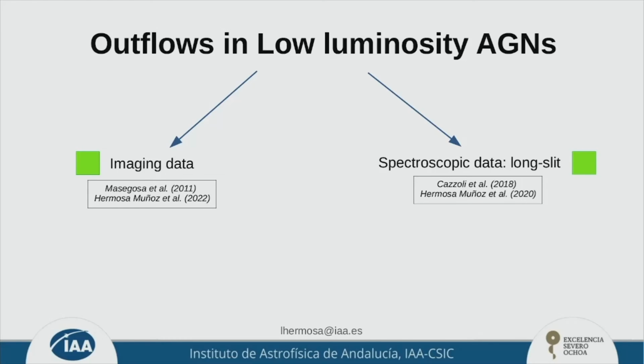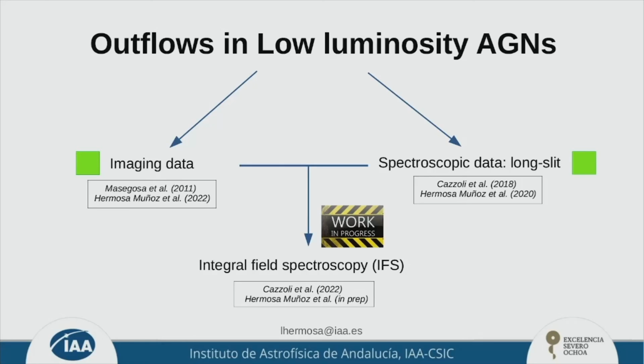Okay, so what now? We have put some numbers on this, but still we do not have kinematic information for all of our targets, and of course, we do not have it systematically. We are only considering data coming from the literature. So what we are doing now is going for integral field spectroscopic data.